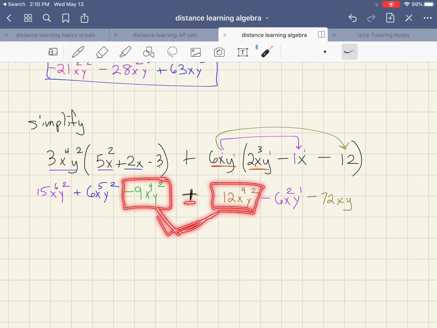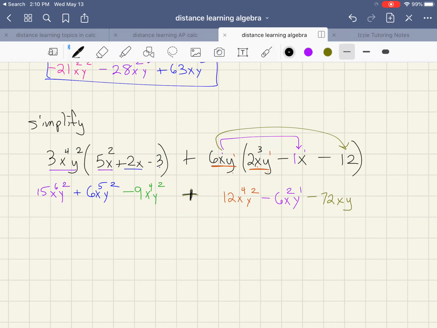So I am adding those two. Nothing else has a like term. Some are close, but they have to be exactly the same. They match up perfectly. Those are the only two that match up perfectly. 6 and 2, 5 and 2, 2 and 1, 1 and 1. So a couple of them are close, but not close enough.